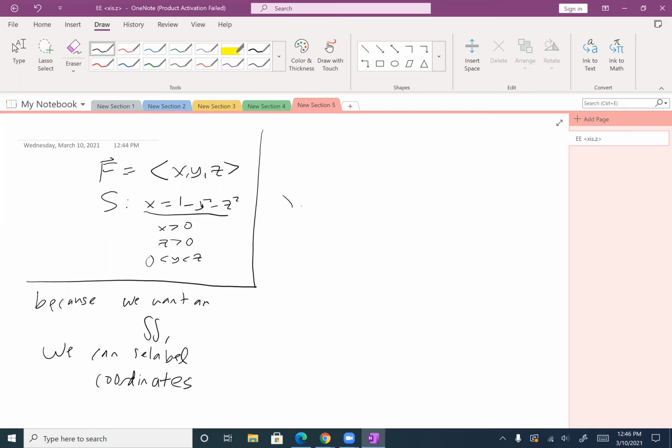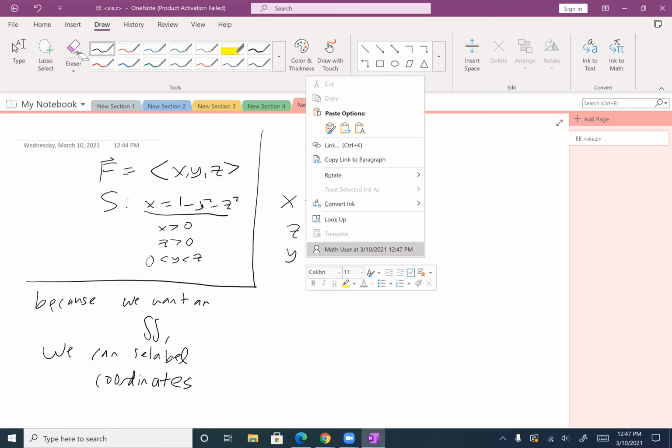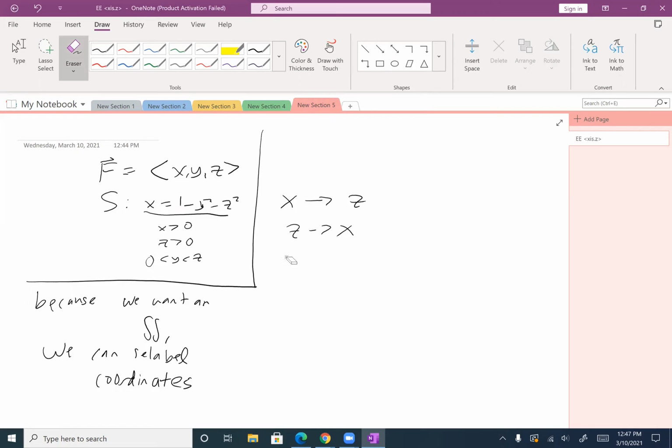So what I'm going to do is change x to z, and change z to x, and we'll just leave y as is. If we do this, our f is actually not as good looking.